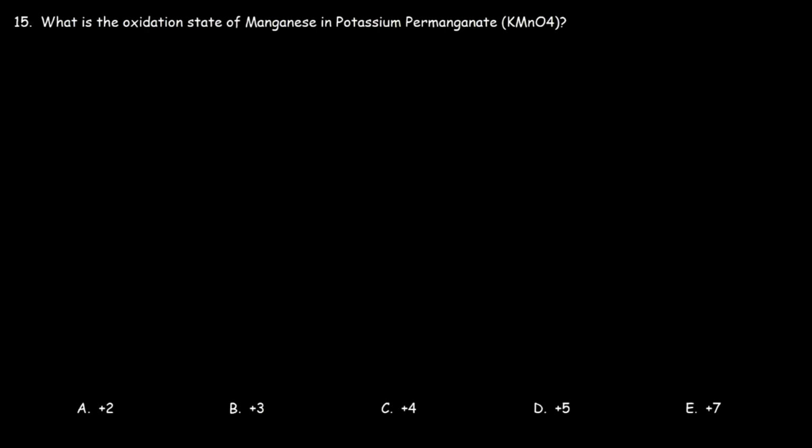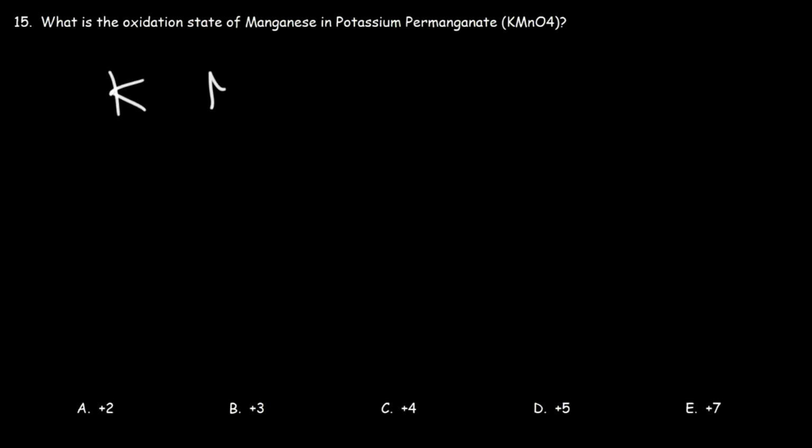Number 15. What is the oxidation state of manganese in potassium permanganate? And we're given the formula KMnO4. How can we determine the oxidation state of an element in a compound? Now notice that this compound is not a polyatomic ion with a net charge.